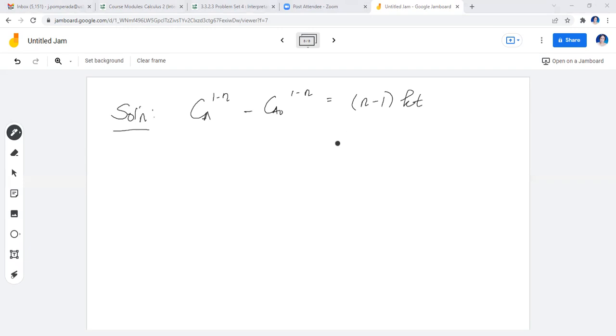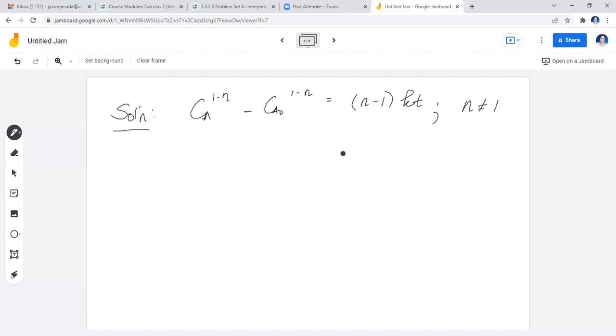Now, how do we use the empirical rate equation? We assign a value for n as long as that n is not equal to 1. This equation will not work if n is equal to 1. Same thing if it's 0, then you might as well use the integral analysis equation for zero order. So we cannot use n equal to 1.